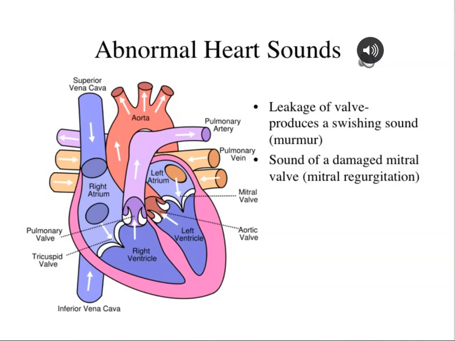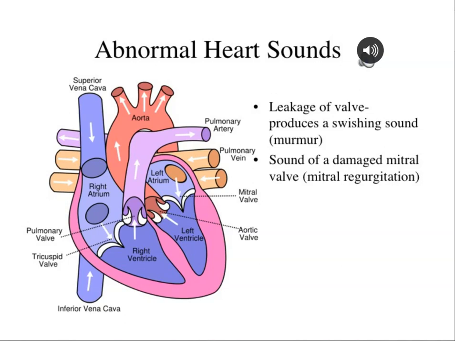When you have a heart murmur, you are hearing the blood flowing through the heart, and you should not be able to hear that. All you should be hearing is the closing of those valves. Lub-dub, lub-dub. So if you hear a murmur, it means there's something wrong with a valve. Depending on which valve is causing the problem, it may sound a little bit different.